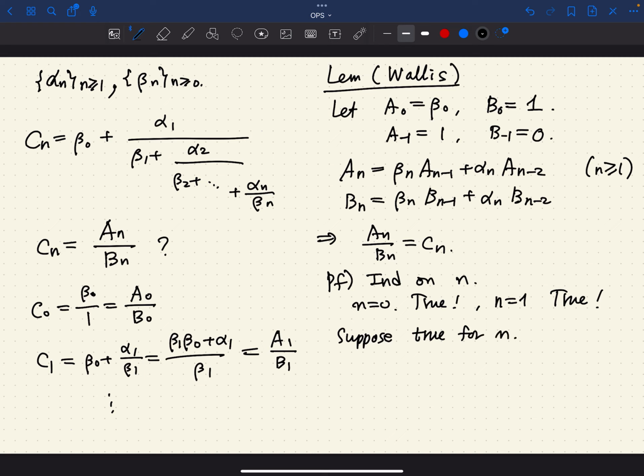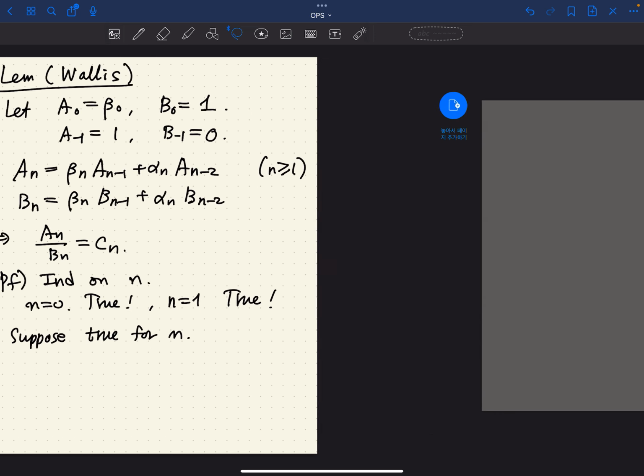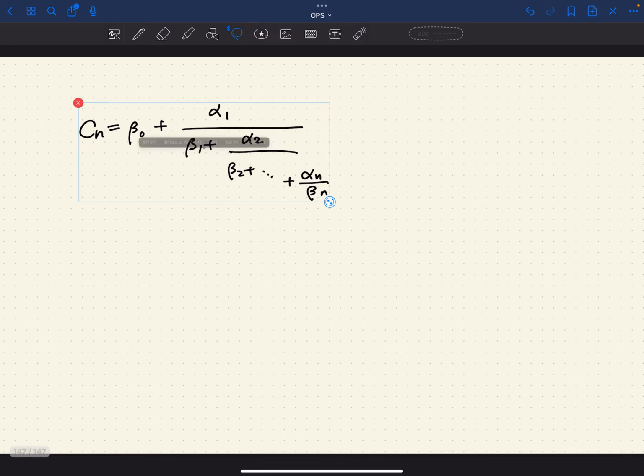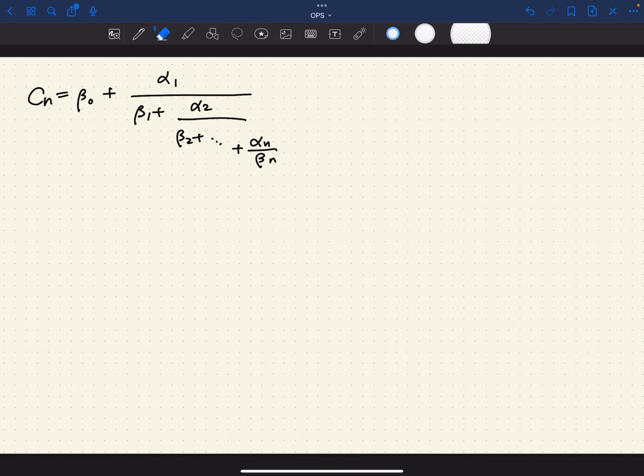Okay. To consider the n plus 1 case, I'm gonna use the next slide. We look at the n plus 1 case. It looks like this: we have one more fraction step.